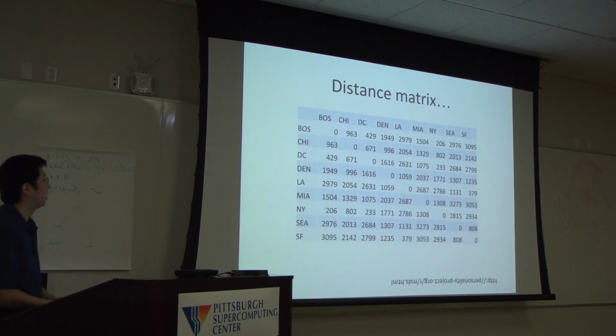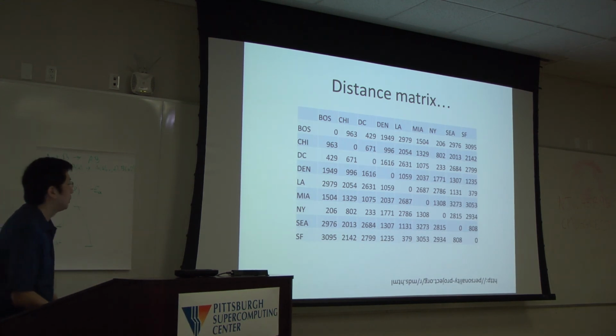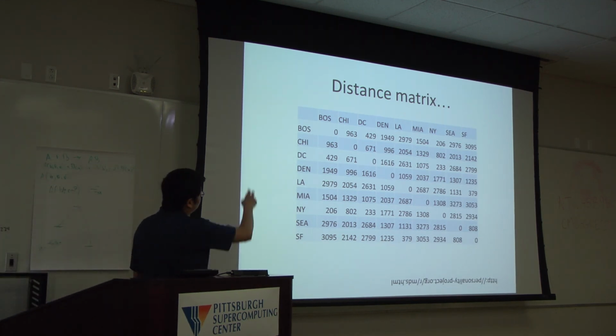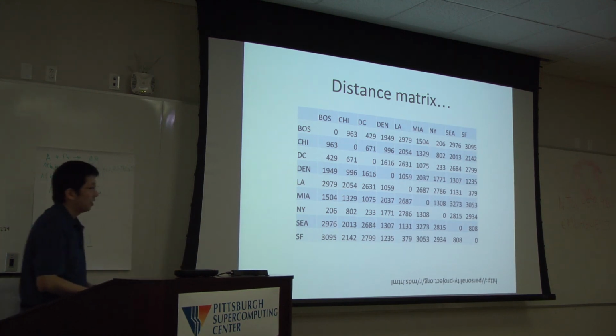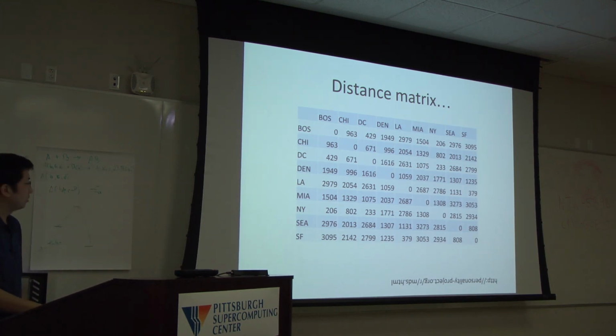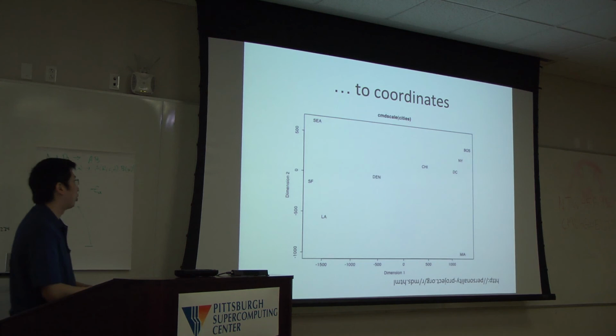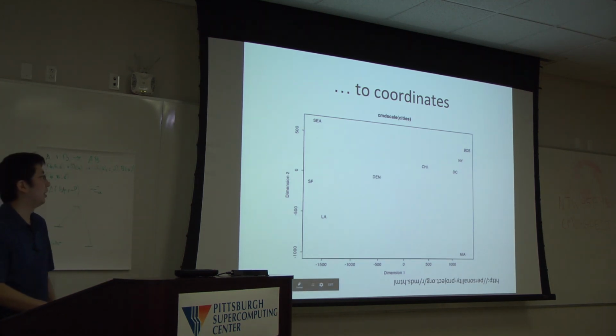So it's just like we have a distance matrix between some cities in the United States, and we can use some method to put them into a coordinate system like this. And they are in the relative right position. Such as Boston is in the northeast, Miami is in the southeast, and Seattle is in the northwest.